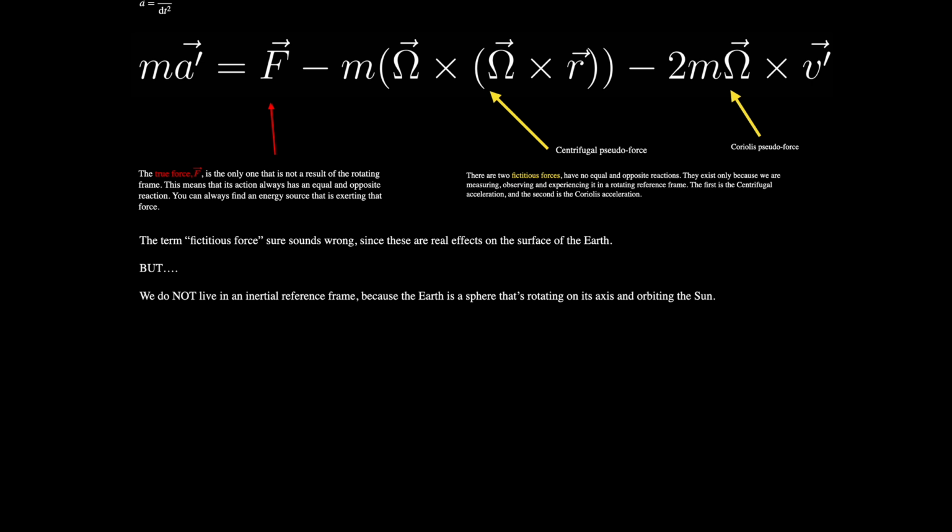They're pseudo forces. They're only there because of a change in reference frame, nothing else. So the term fictitious force sure sounds wrong, but they're real effects. They're effects because we live on a rotating reference frame. Now it takes energy to keep things rotating.